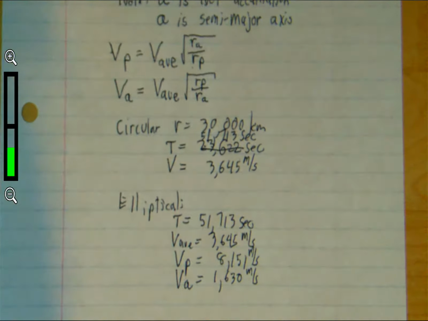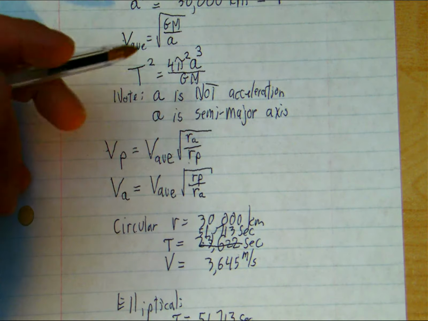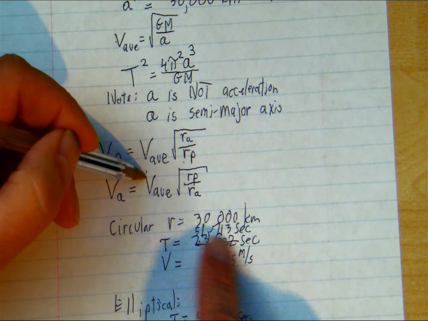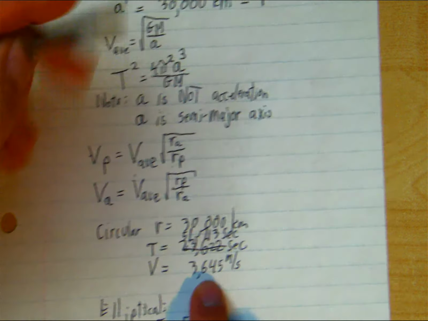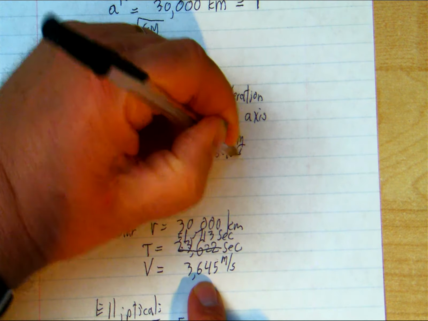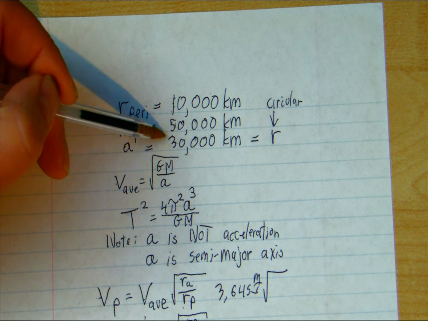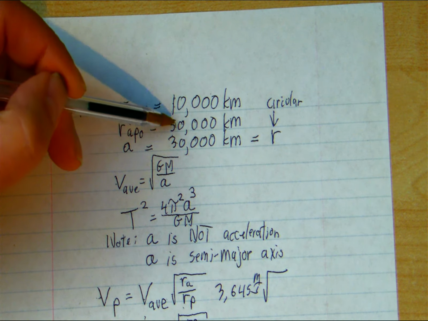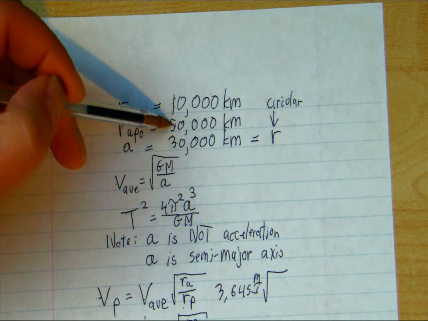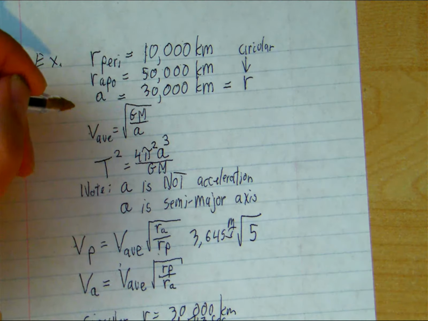How do I prove to you that these equations are correct? The answer is take this average velocity from the circular orbit, 3,645 meters per second, and multiply it by the square root of 5. Because 50,000 over 10,000 is 5 over 1, so this is just the square root of 5.